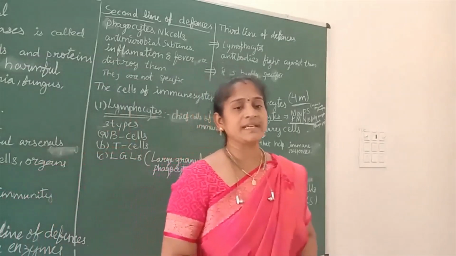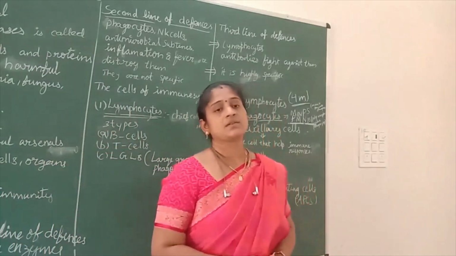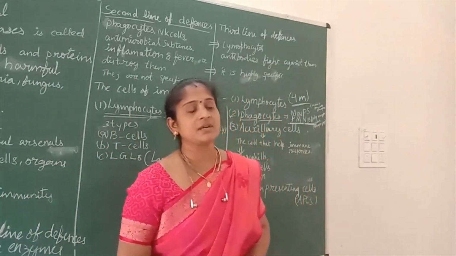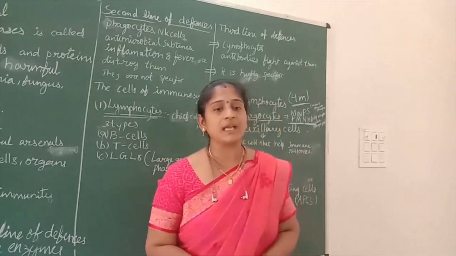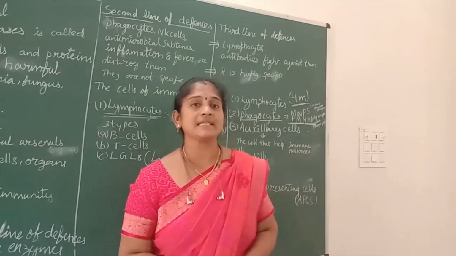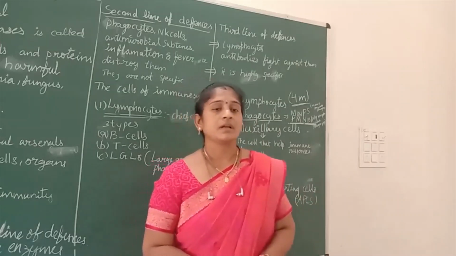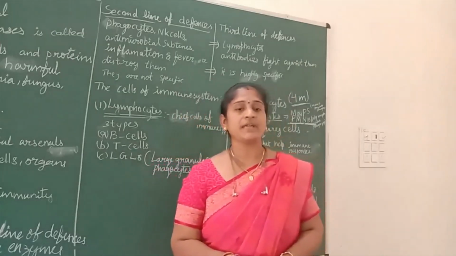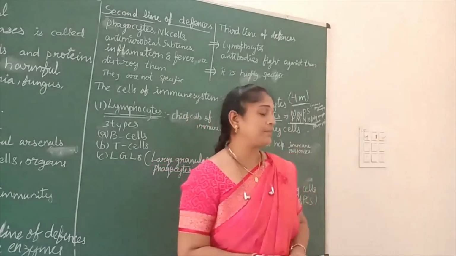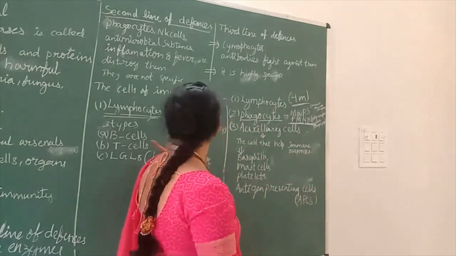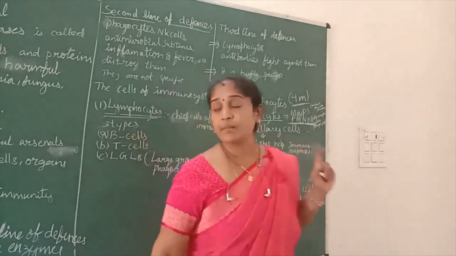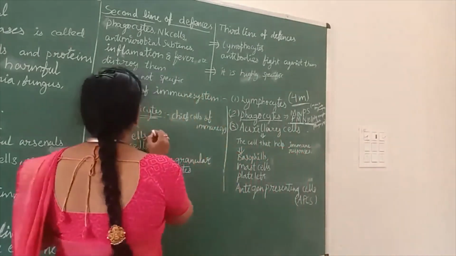B cells are lymphocytes capable of producing antibodies. They can capture the circulating antigens. B cells are produced in the bone marrow.